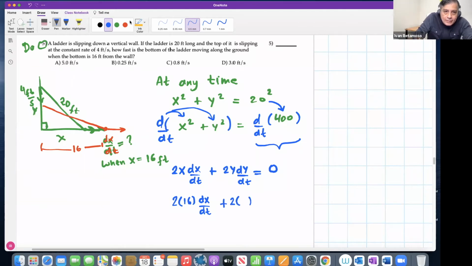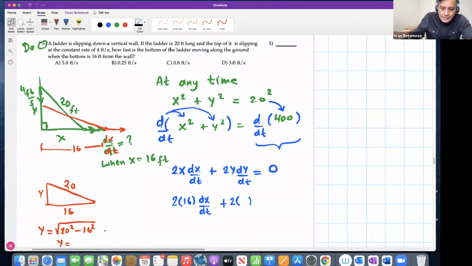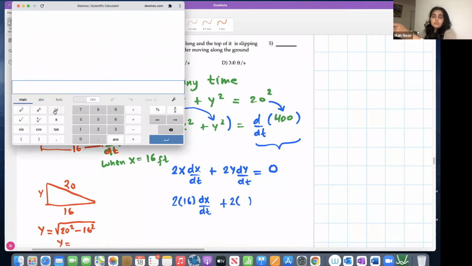It seems like we don't have y, but if x is 16 and the length of the ladder is always 20, y can be found. I'll write the formula from the theorem of Pythagoras: hypotenuse squared minus this side squared, and you can compute this in your calculator. I think it's even exact. 12. There you go, 12, right?